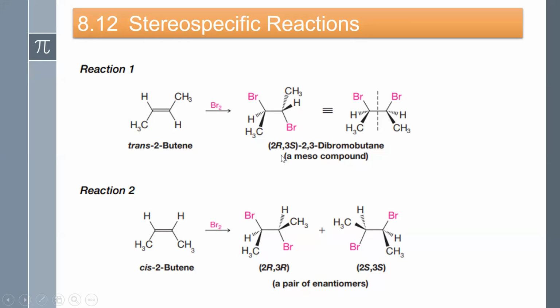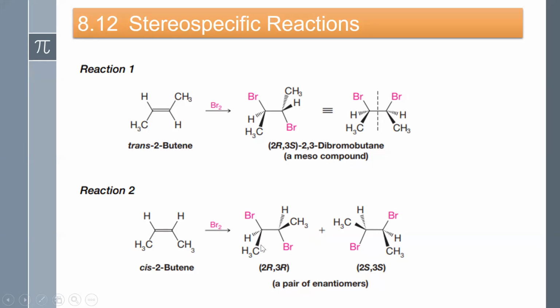And you look at the stereochemistry here, that's 2R,3S. If you turn it around, it's actually the same. Here, you get your 2R, you have your hydrogen directed away from you, you have your bromine. So this is 1, 2, 3. This is R. Your hydrogen is directed away from you. Here's CH3. So this is 1, 2, 3. It's still R. So 2R, 3R.